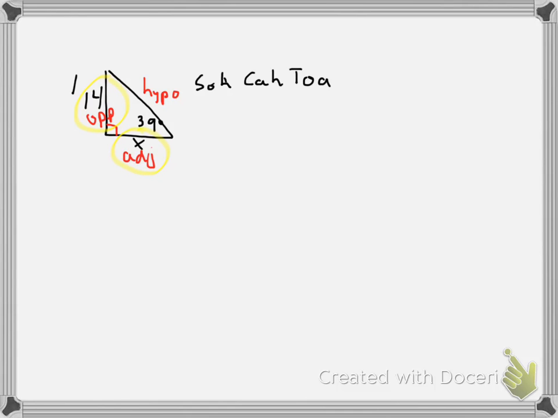Well, O and A is that one there. So let's write that. Tan, what's our angle? Our angle is 39 degrees equals the opposite, which is 14, over the adjacent, which is x. If we cross multiply and solve this, you'll end up getting x equals 14 divided by tan 39.